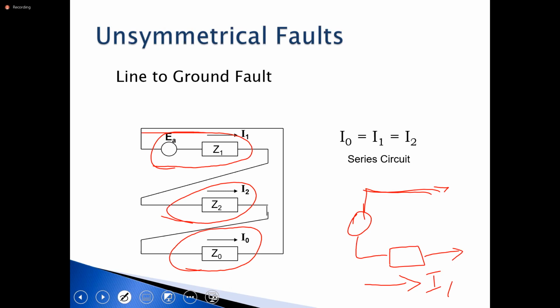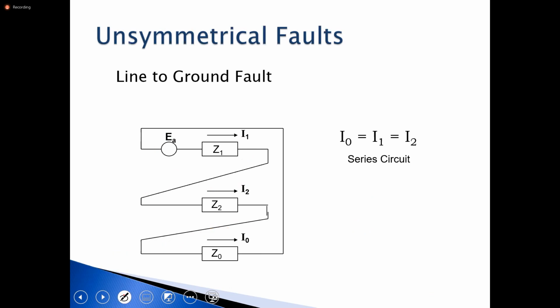So once we have those individual networks, what we are saying here by this analysis is that the positive, the negative, and the zero sequence currents are all equal, and therefore an indication that the networks are connected in series. All right? And it's important that we note the current flow.